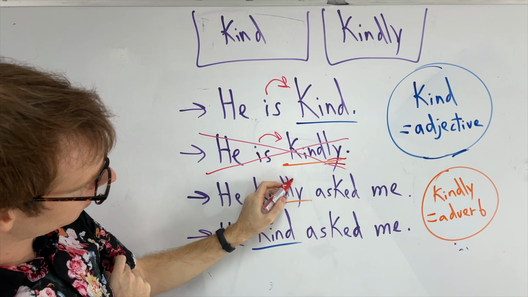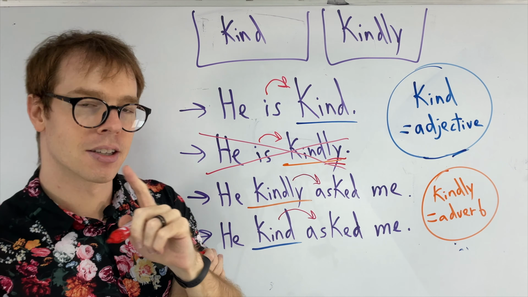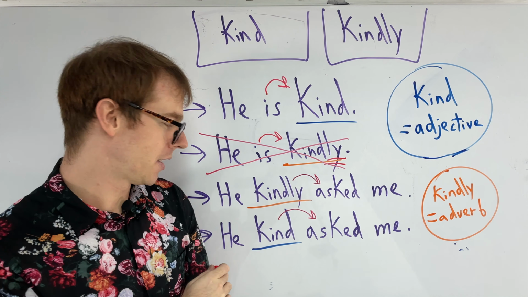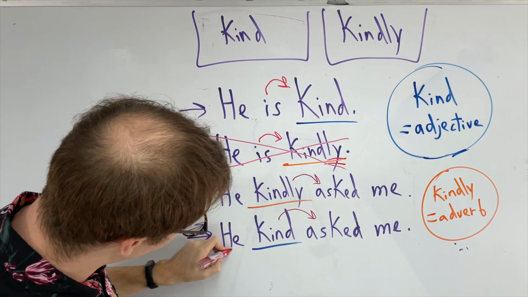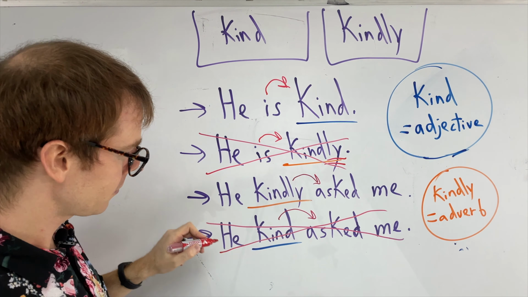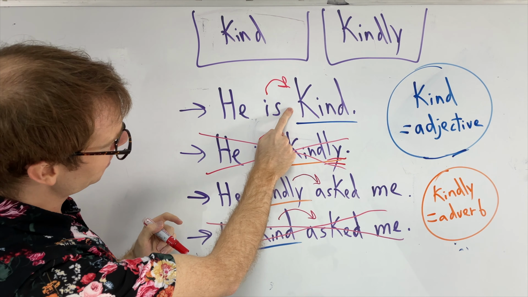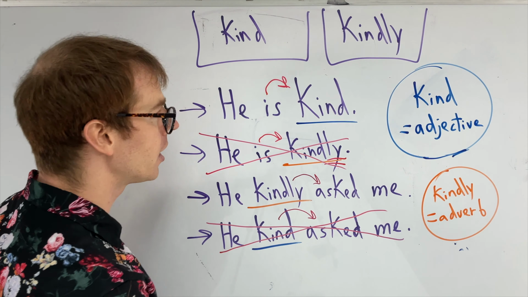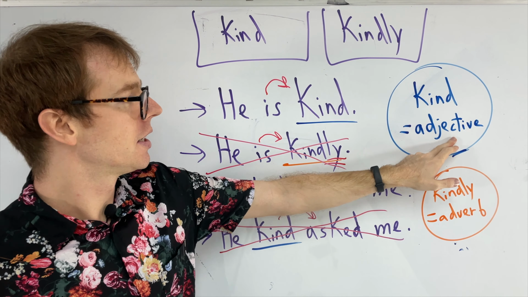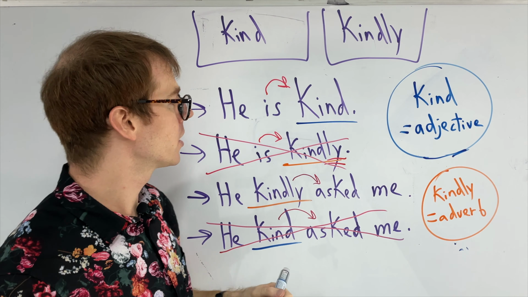Okay, so this one I go like this. Kindly asked. Kind asked. You're right. This one, it's okay. This one, I don't like. Why? This one okay, and then this one's okay. Well, it's because kind is an adjective.